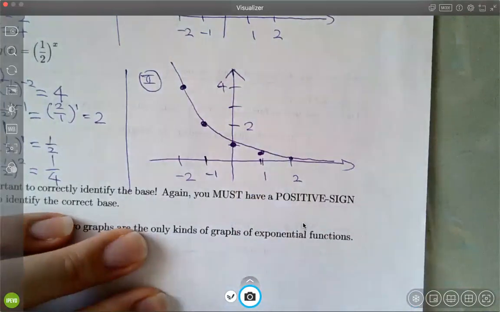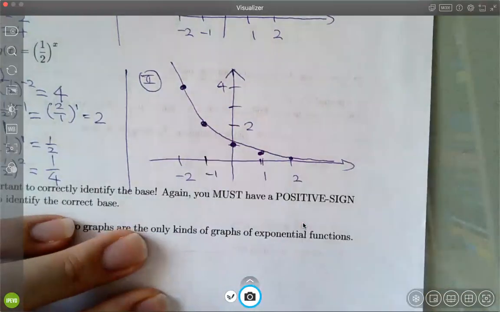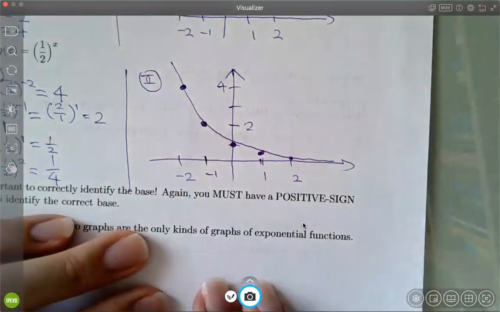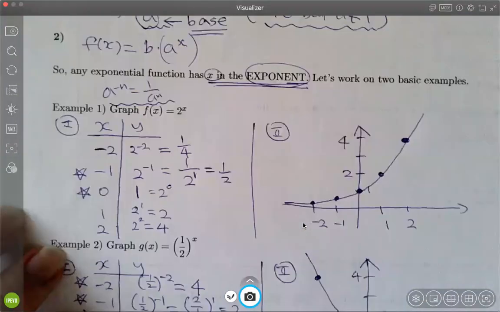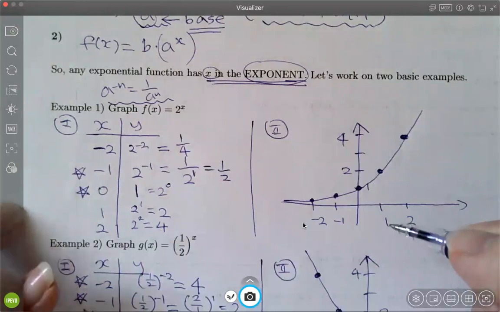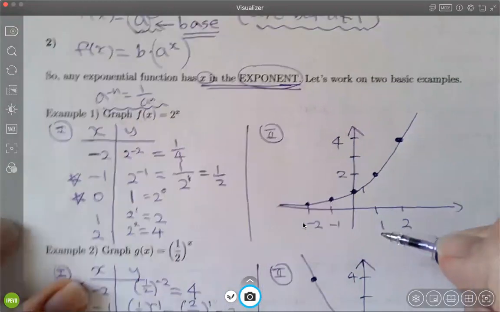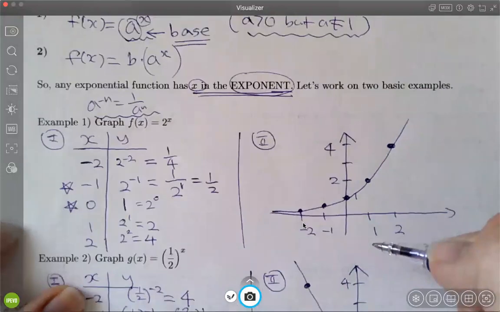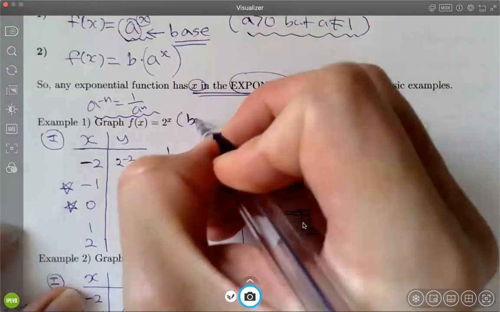Okay, so now let's go back to the first example, which was 2 to the power x. Here, what is the base? 2, right? Yes, so the base is equal to 2.